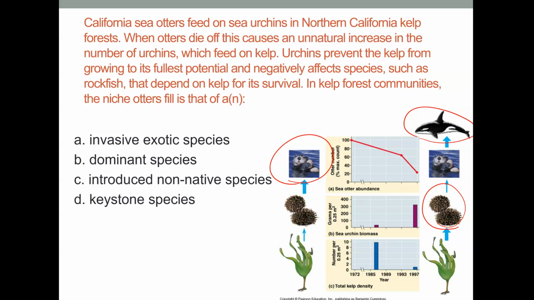And so if otters are gone from a region, the sea urchin population explodes, right? They get really, really numerous, and they get really big, and they eat the kelp, right? And so the kelp forests go away, and that dramatically changes the habitat because the kelp forest is basically like a nursery for fish.